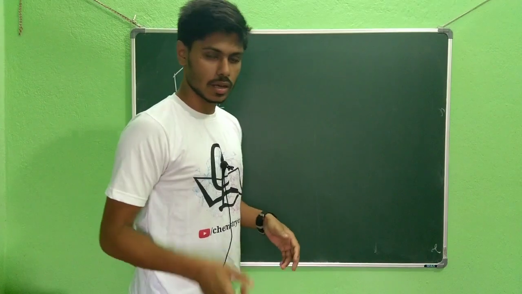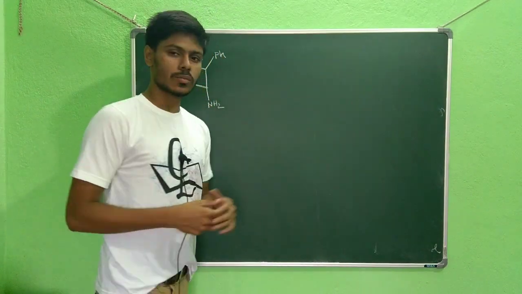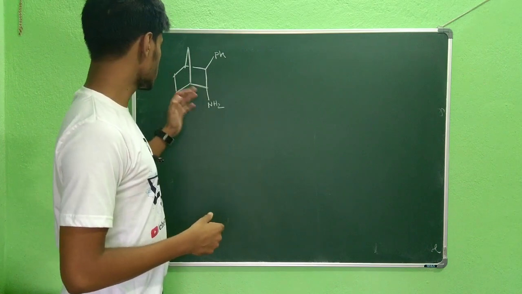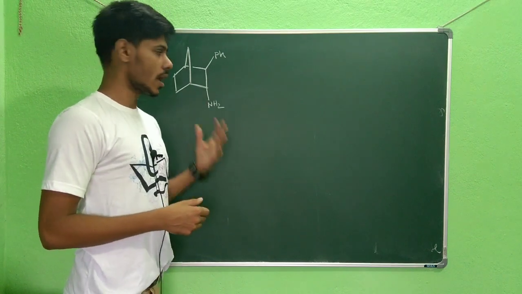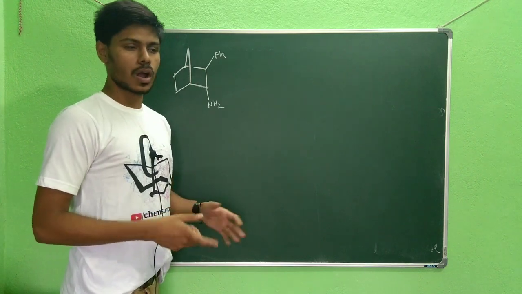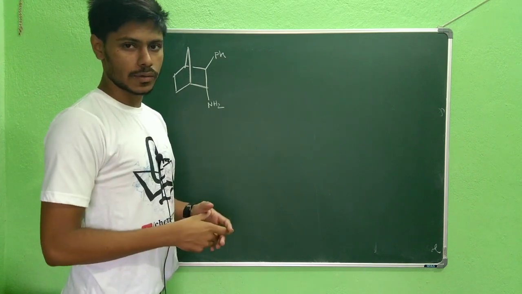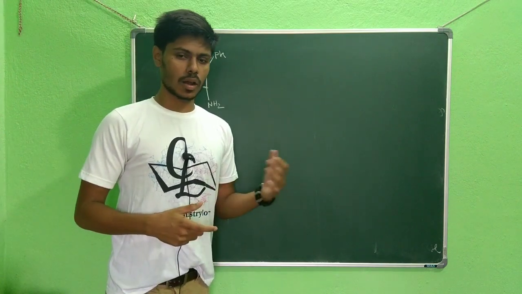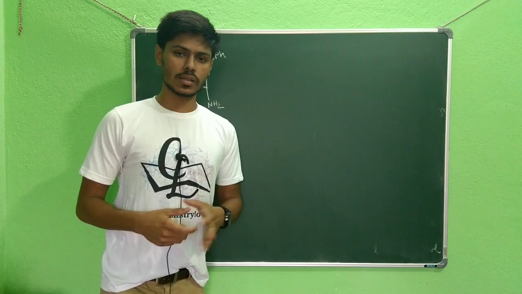But let me first give you the answer of this question. This is a quite straightforward question. This was the molecule which you have to synthesize, and you have to do the retrosynthetic analysis of the molecule, and then you have to write down the forward reaction. Now most of you did the correct thing, most of you gave the correct answer.